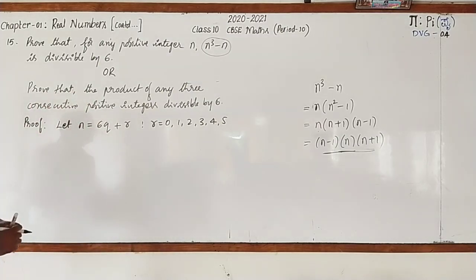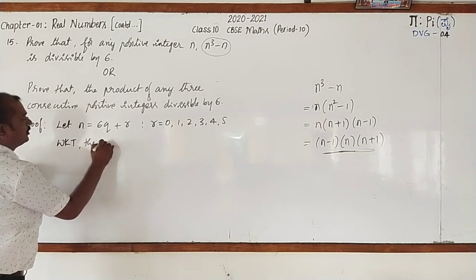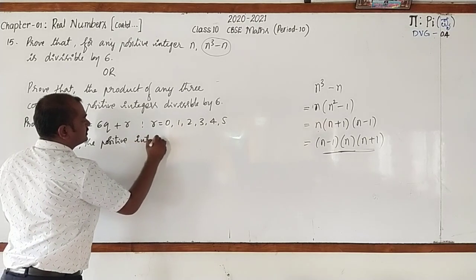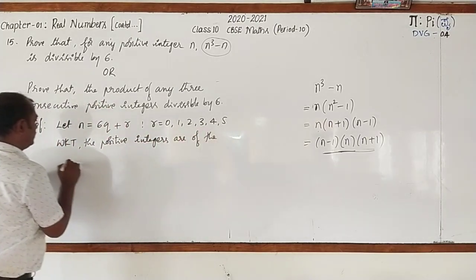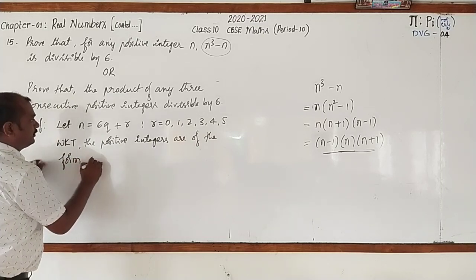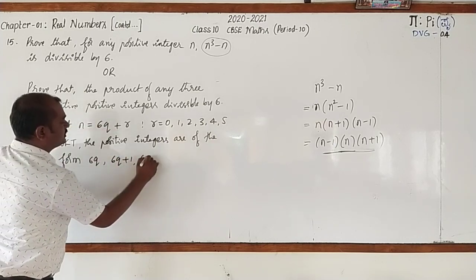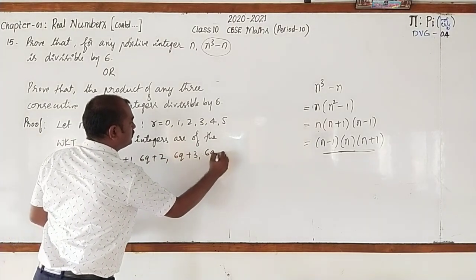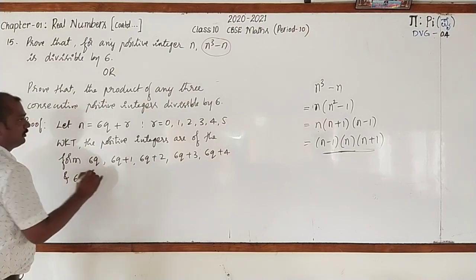Then we know that the positive integers are of the form 6q, 6q plus 1, 6q plus 2, 6q plus 3, 6q plus 4 and 6q plus 5, right?